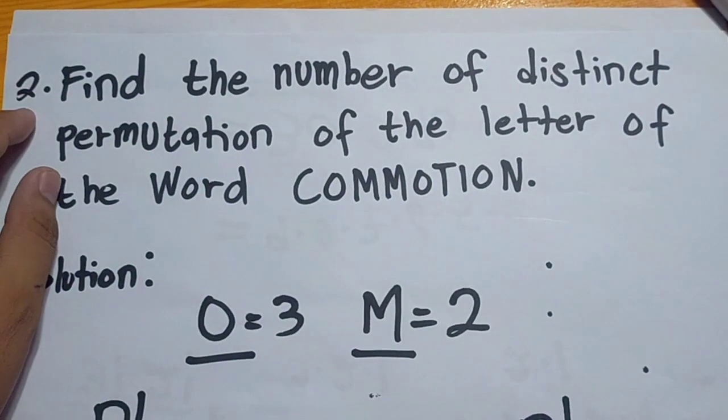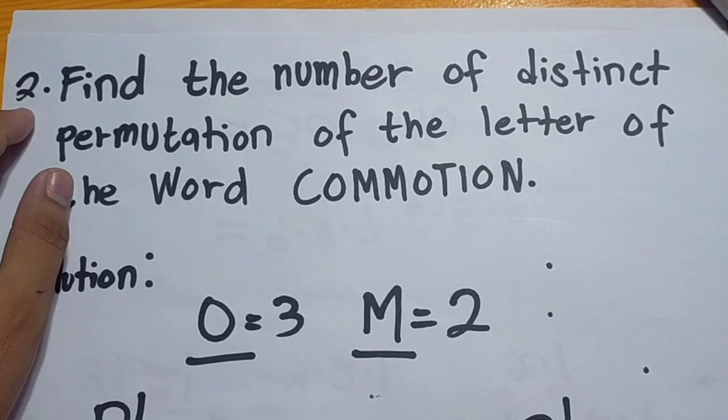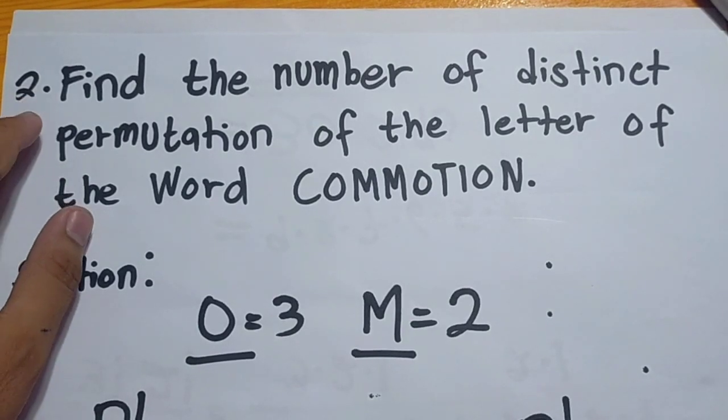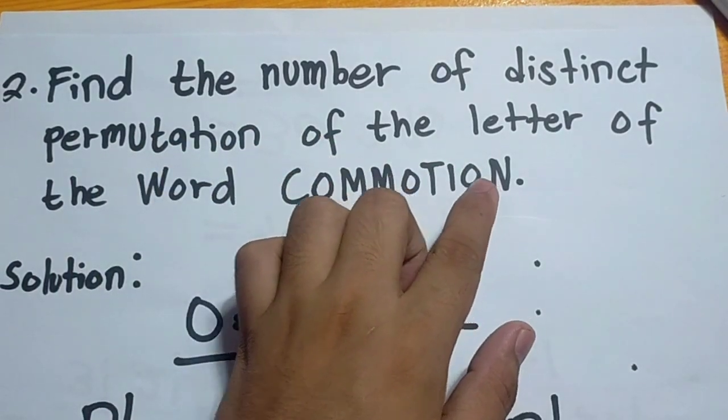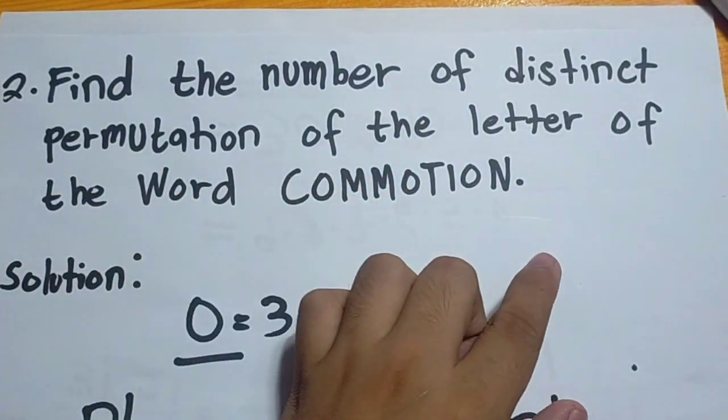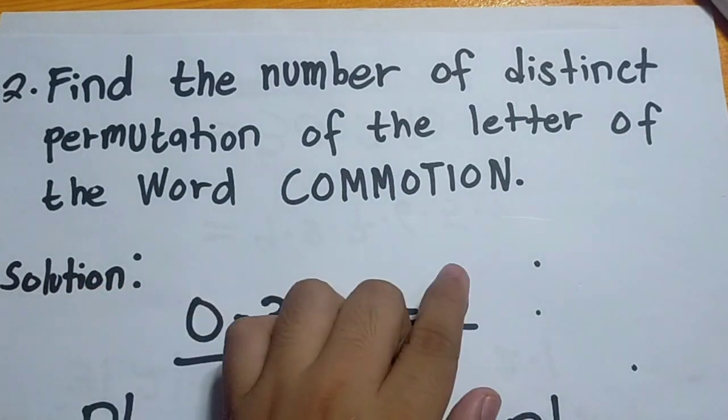So, here is the problem of distinct or distinguishable permutation. Find the number of distinct permutations of the letters of the word commotion.